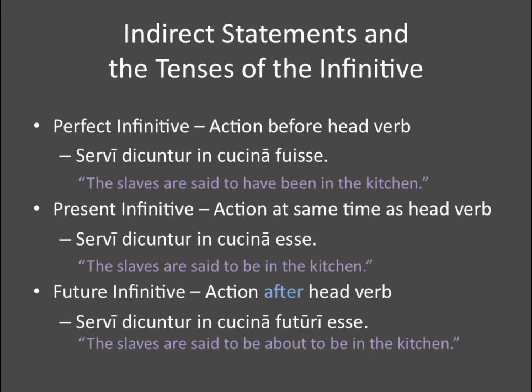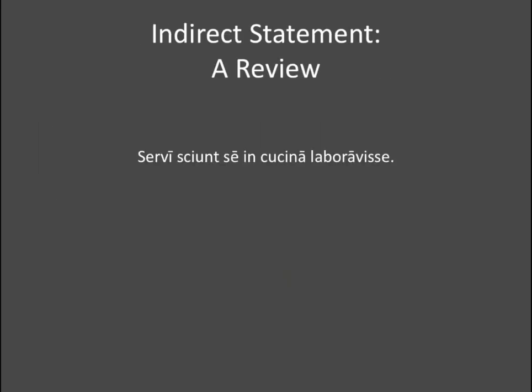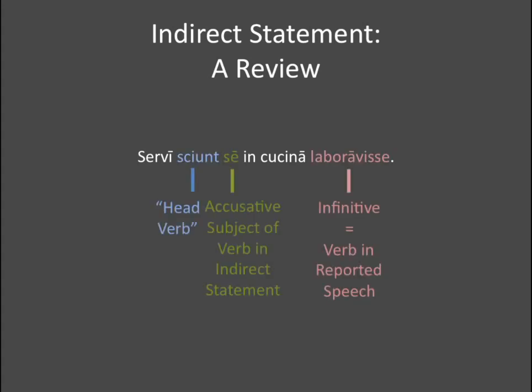To review, let's look at a third example. Servi sciunt se in cucina laboravisse. How do we recognize that this is an indirect statement? The verb sciunt records thinking and is a head verb.